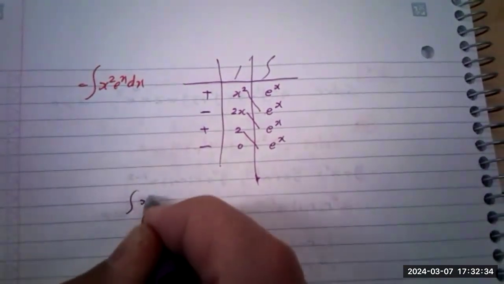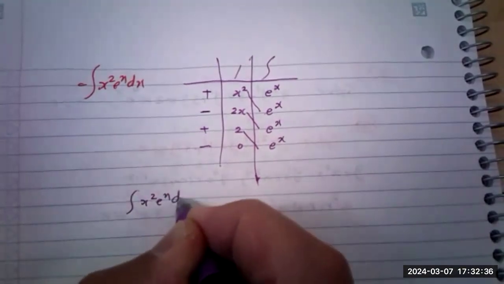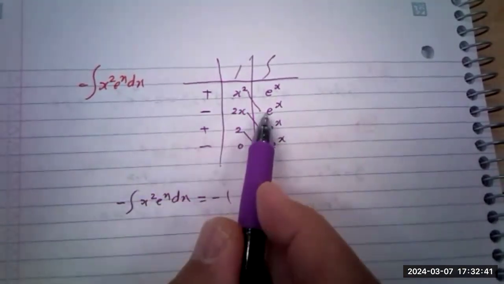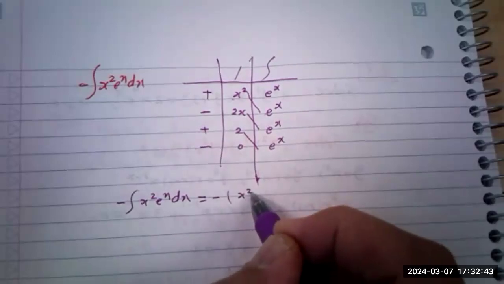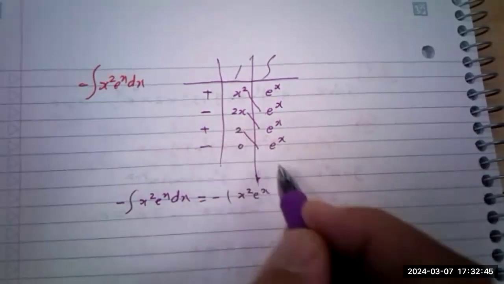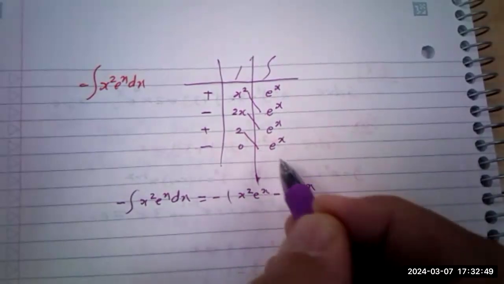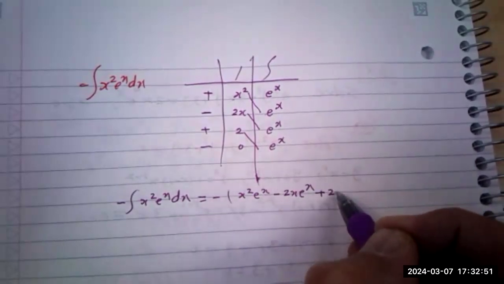So the integral of x squared e to the x dx is x squared e to the x, the first one, minus 2x e to the x, the second one, plus 2e to the x.